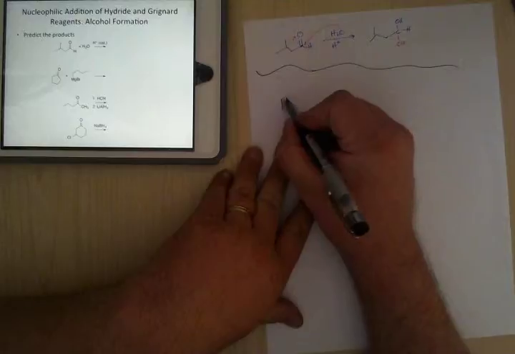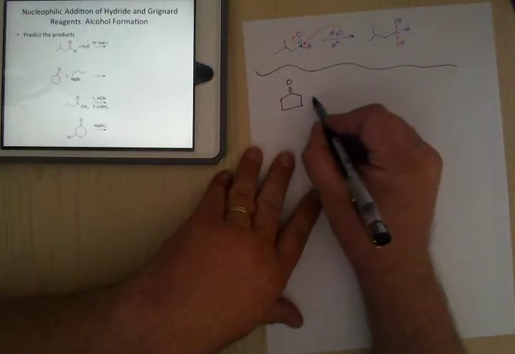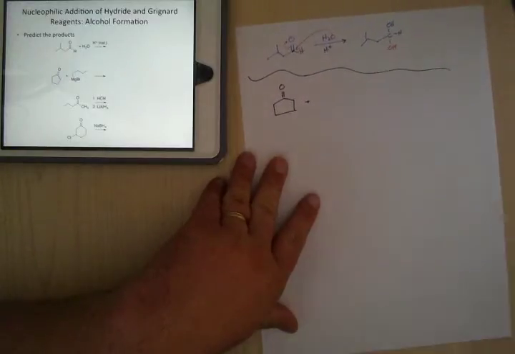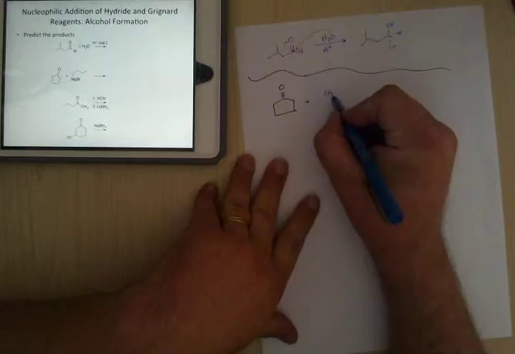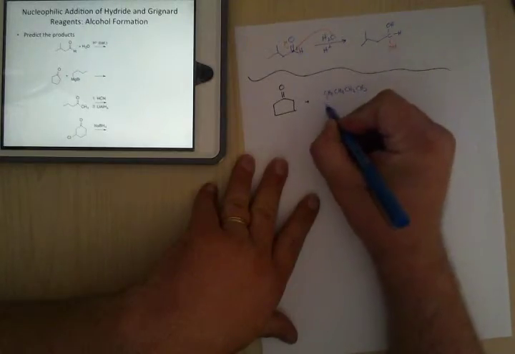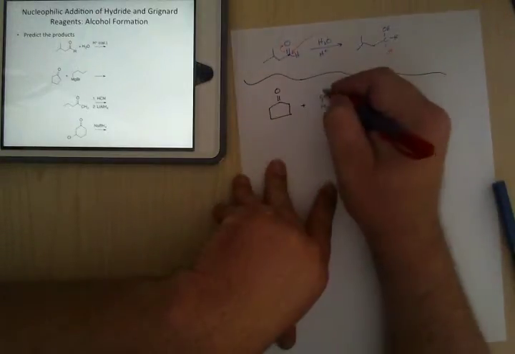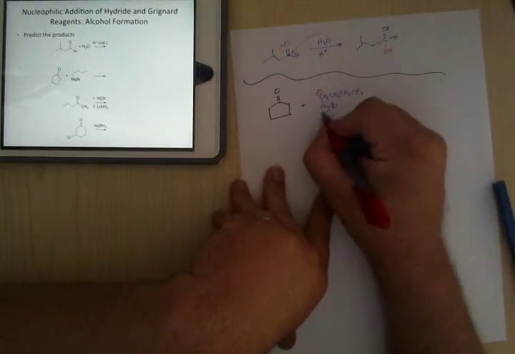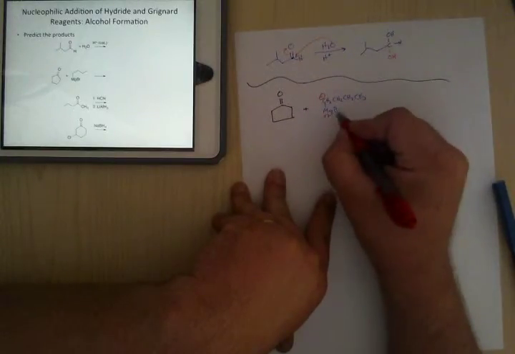So for this one, this is 1, 2, 3, 4 carbons long, so CH2, CH2, CH2, CH3, then MgBr. This has a negative charge on it because the Mg is going to be +2, so you need that minus there.